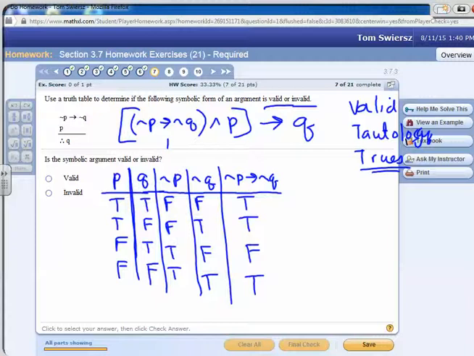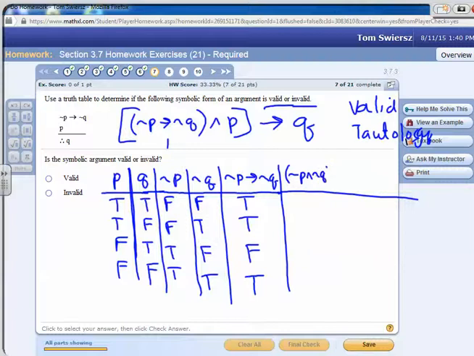Okay, now we can go ahead and do the two premises together. We've already got P over in column 1. So I'm going to go ahead and do not P implies not Q and P. So we're going to do that statement, the two premises together.